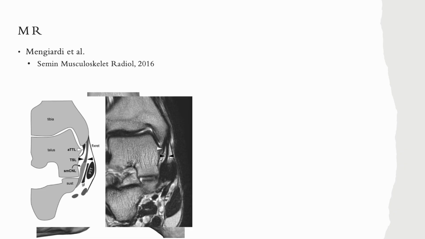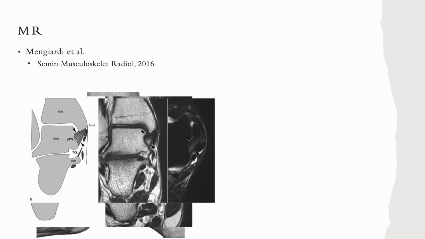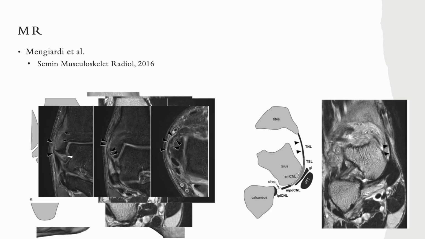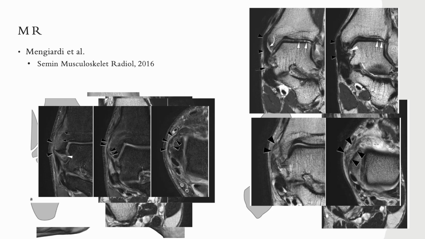But I think this study back in 2016 really helps us define that and get a better view of what the deltoid looks like and what the medial ligaments look like, whether it be the spring ligaments in that area as well. Again, highlighting the tibionavicular, tibiospring ligaments, and all above. Really good imaging. So I really highly suggest you look at this study.